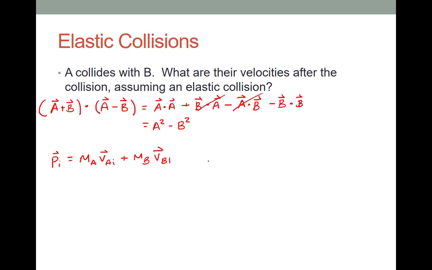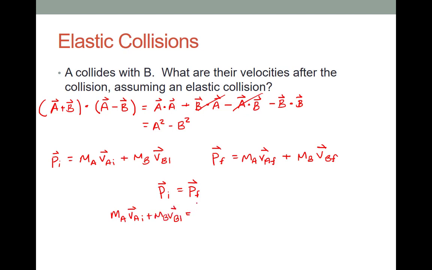The final momentum will be very similar, but instead of initial velocities, I'm going to have final velocities. And now momentum has to be conserved. So initial momentum has to equal final momentum, which tells me that MA VA initial plus MB VB initial has to equal MA VA final plus MB VB final.